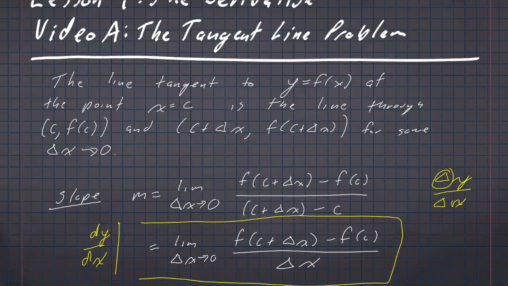And if we want to be specific, we're evaluating this at x equals c. That's one of two notations that are used for this idea. Each one has a slightly different context. We'll get to the other one in just a minute.